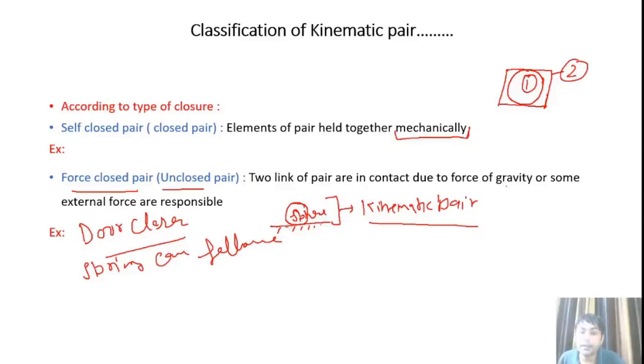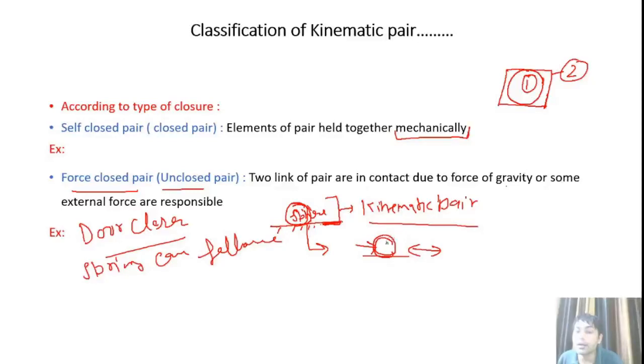Now say, is this a kinematic pair or not? My dear, what is the definition of a kinematic pair? It gives constrained motion, but this pair does not give any constrained motion. If I apply force from this direction, it will start reciprocating.